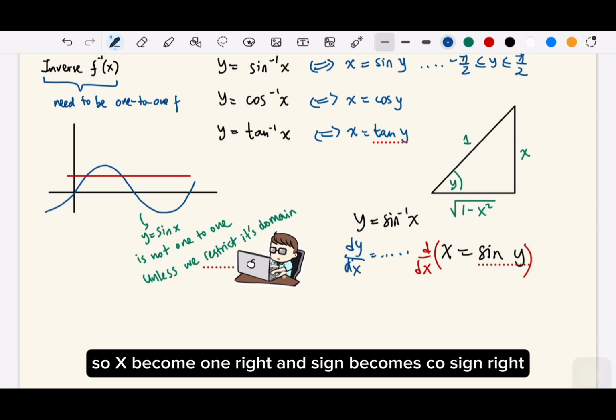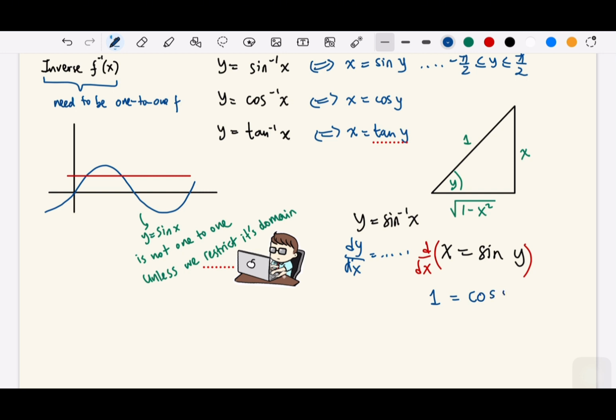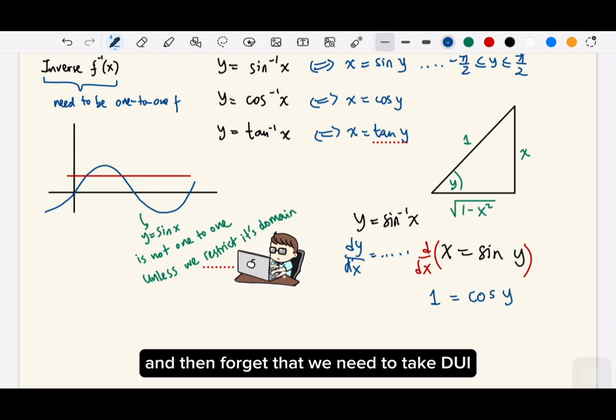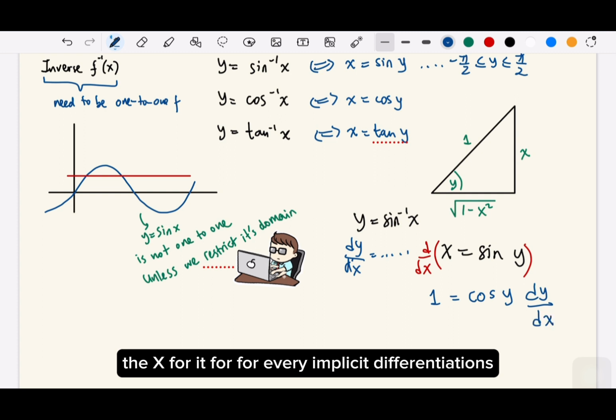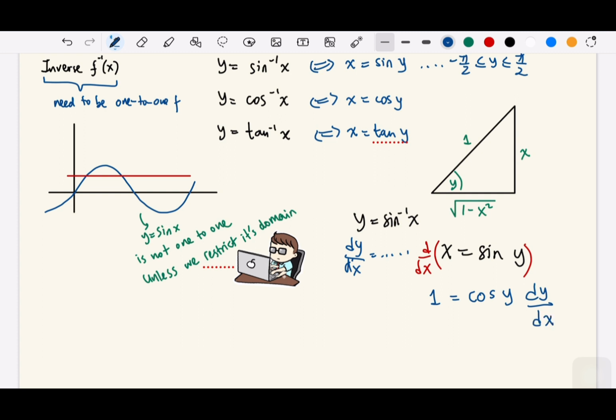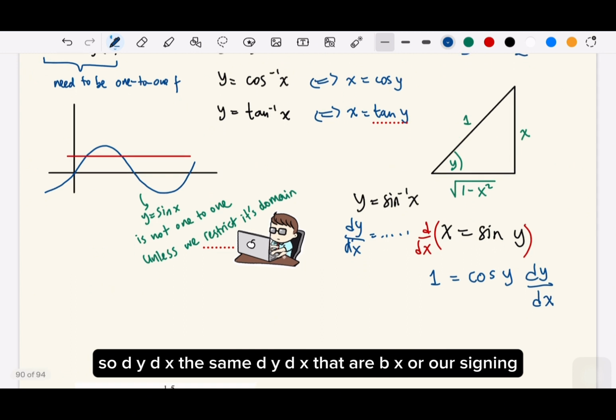So x becomes 1, right? And sine becomes cosine, right? And don't forget that we need to take dy/dx for every implicit differentiation. So dy/dx, the same dy/dx that is being asked for our sine inverse.